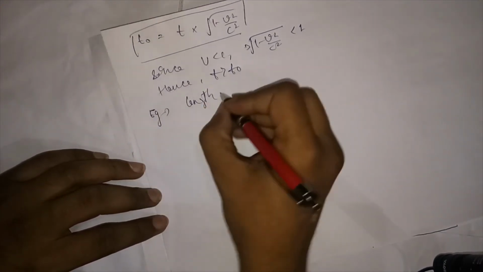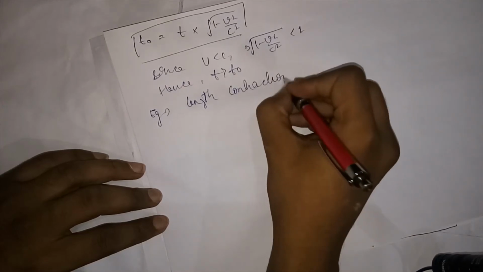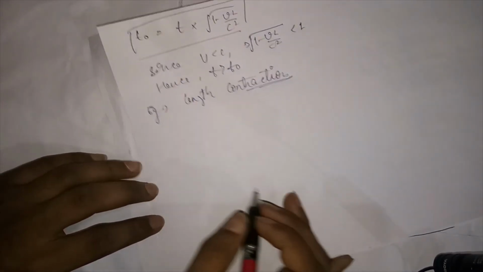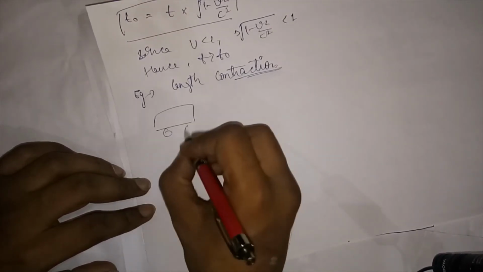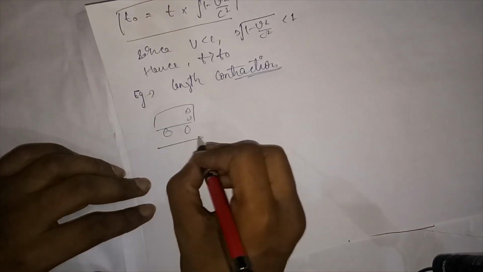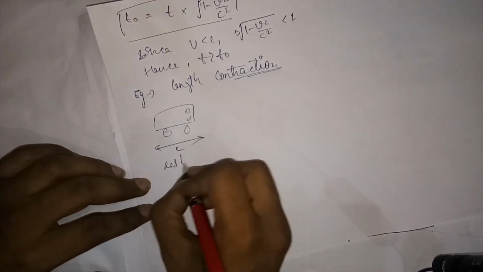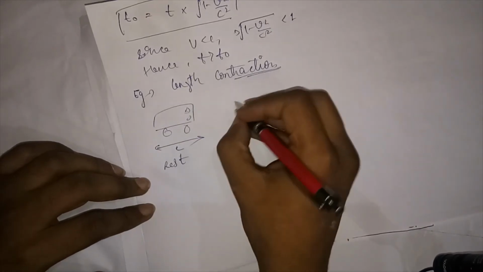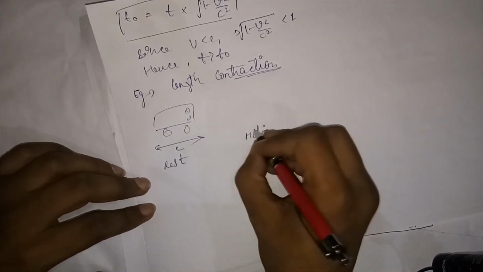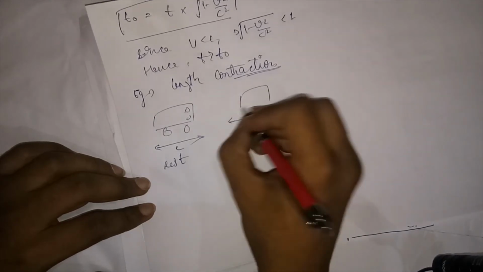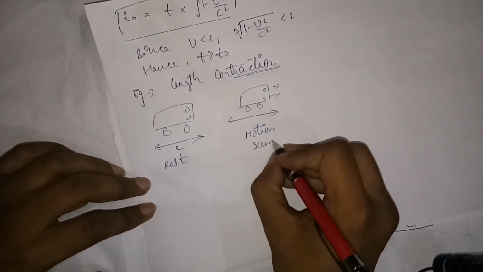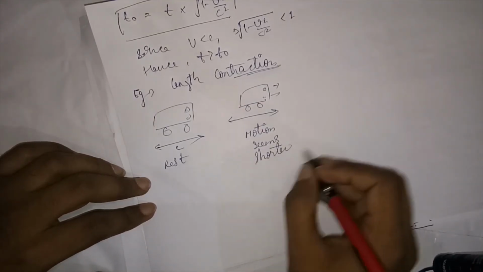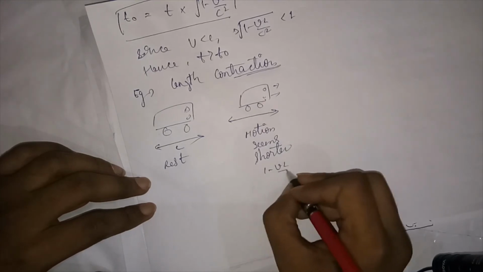Example of length contraction: suppose a car at rest has length L, and when it is at rest it seems larger, but when it is in motion, moving forward, it seems shorter by a factor of under root 1 minus v square upon c square.